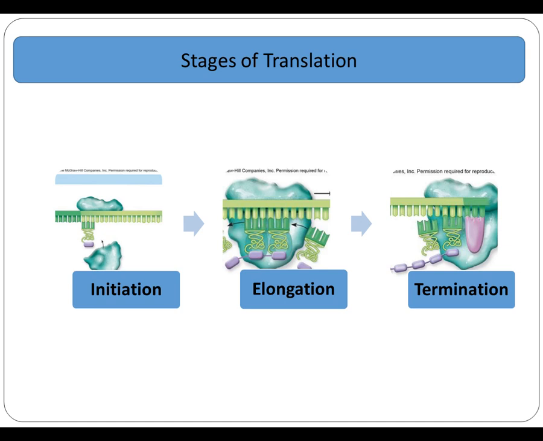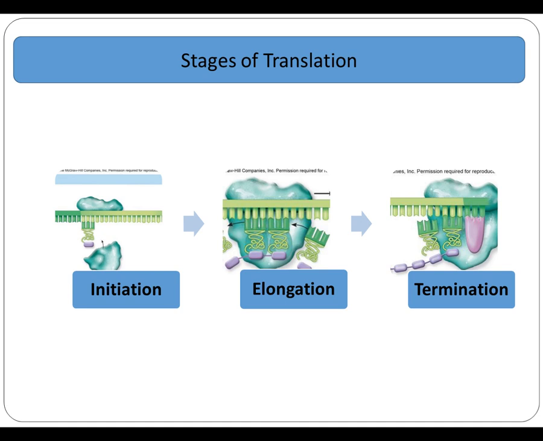Small ribosomal subunit, as well as transfer RNA carrying the amino acid methionine. Then, once that's ready, what can come in and bind? The large ribosomal subunit. That translational machinery is ready to go to work after we initiate it.